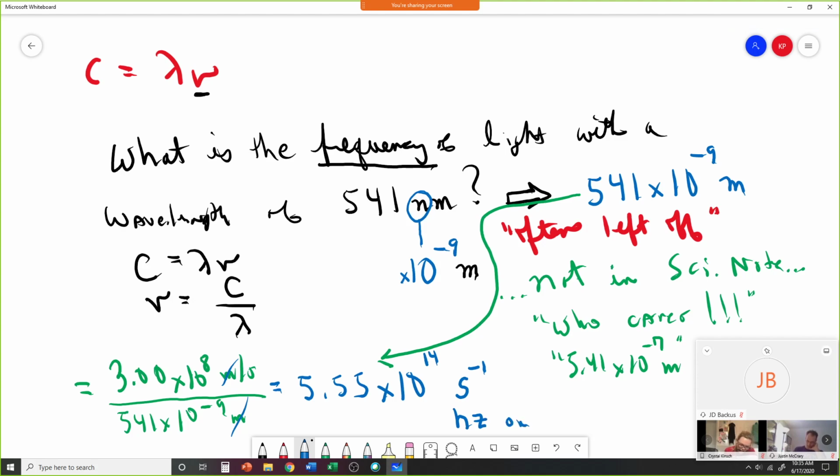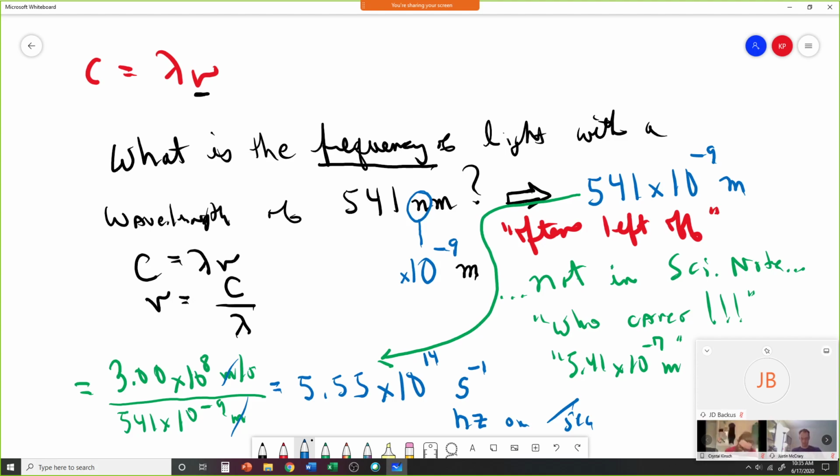All three of those things mean the same thing. I like Hz just because hertz is per second. And so we have an answer here.